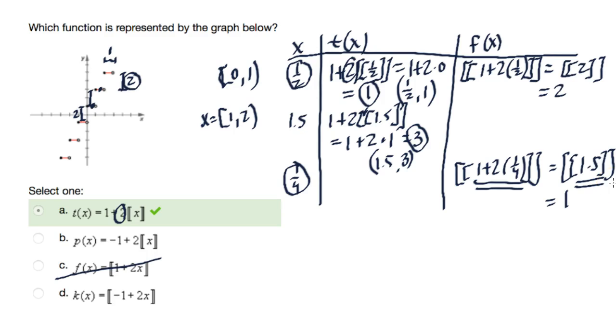And if there's anything outside the greatest integer function, like the function t of x, you want to make sure that you again simplify everything inside, which there really isn't anything, and then you apply the greatest integer function. And then after you do that, you simplify everything on the outside. Just like order of operations, you treat it like a parenthesis. You want to simplify everything inside the parenthesis before you start working on outside the parenthesis.